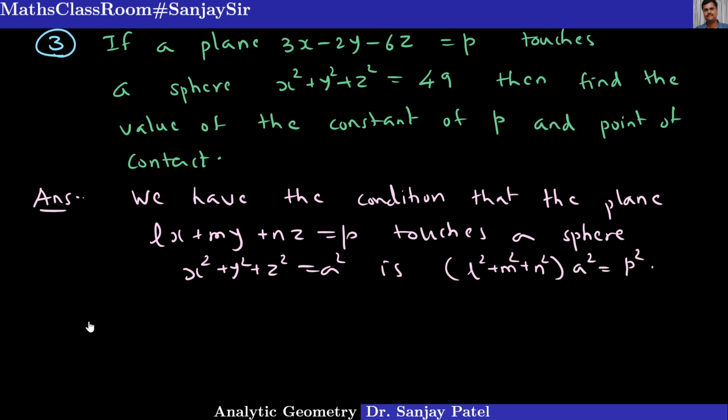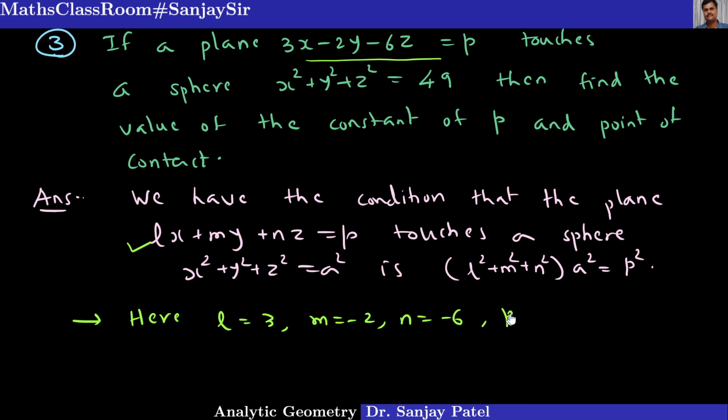Okay, so here in our example, the values of L, M and N are respectively L is equal to 3, M is equal to minus 2 and N is equal to minus 6, comparing this equation with the given equation, and p is equal to p.